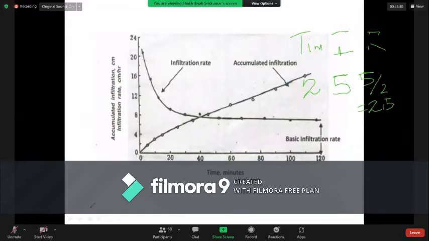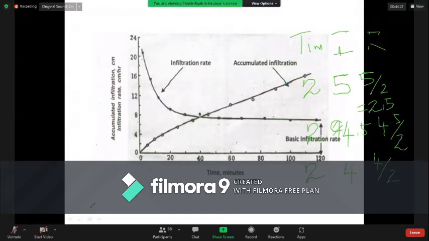Again, 2 seconds later, the infiltration is, sorry, 4.5. So what is the rate? 4.5 divided by 2. Again 2 seconds later, the infiltration is 4 millimeter. So the infiltration rate is 4 by 2.